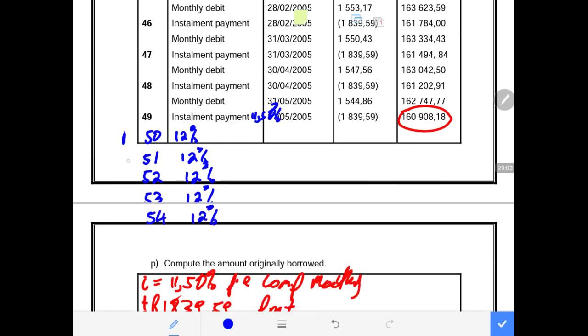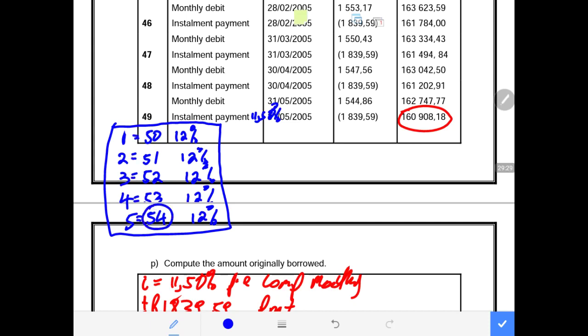Now we have payment number 1, payment number 2, payment number 3, payment number 4, payment number 5. We are speaking of payment number 5 at the new interest rate. We can say that we have a total of 5 payments. So hence we say amount 5. However, this is payment number 54.